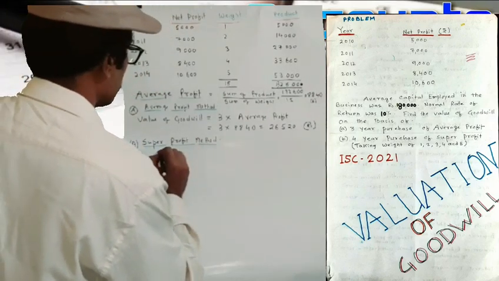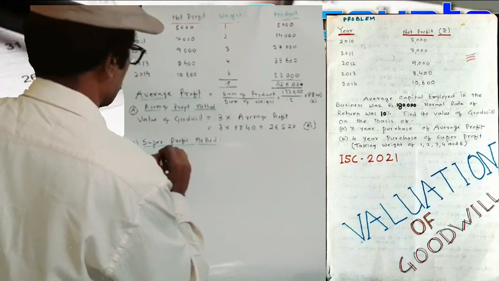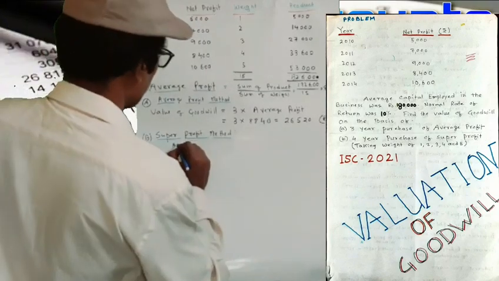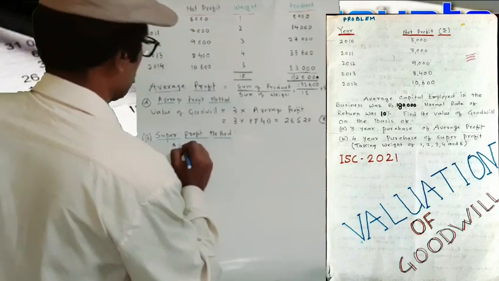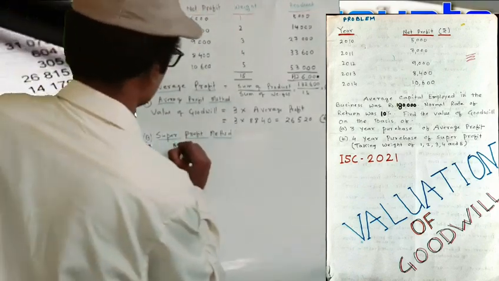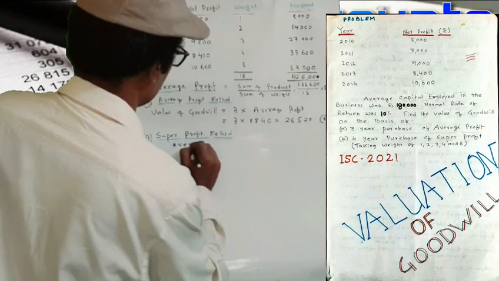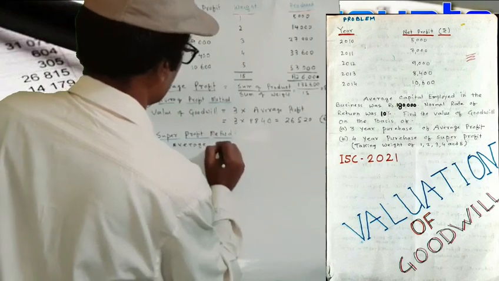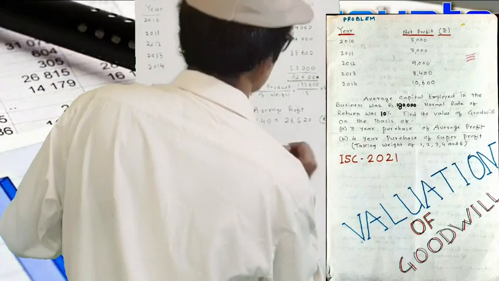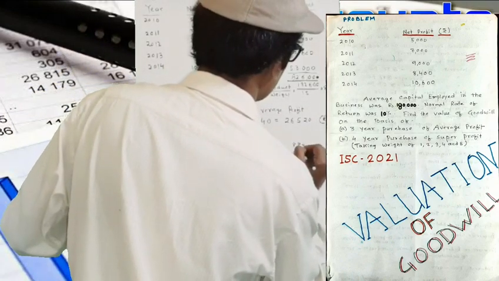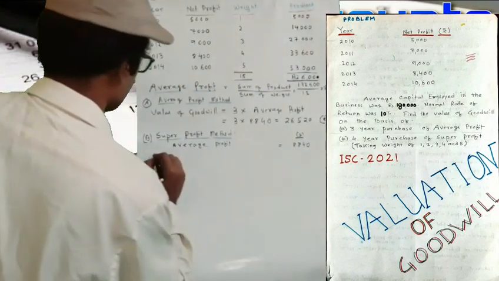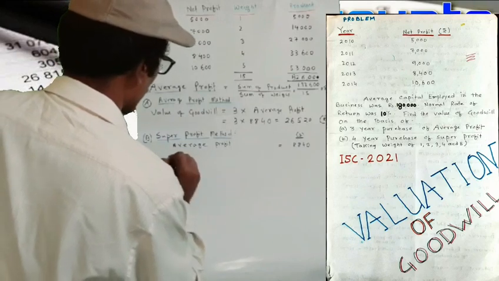Super profit is calculated in this way: average profit, 8,840, less normal profit.